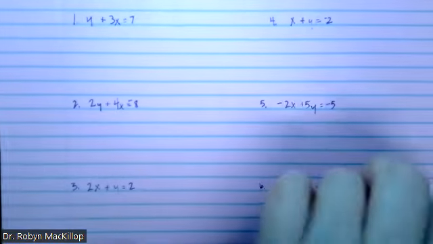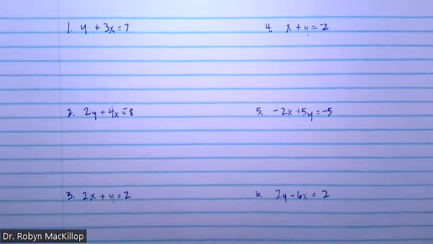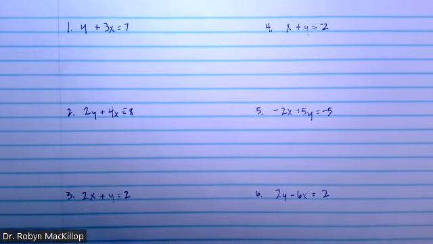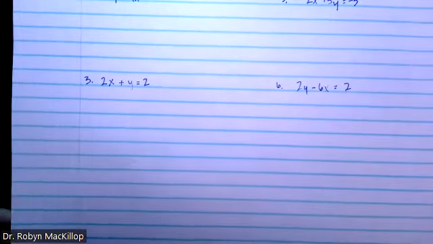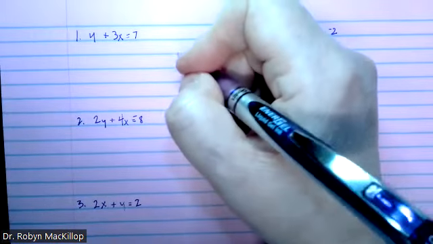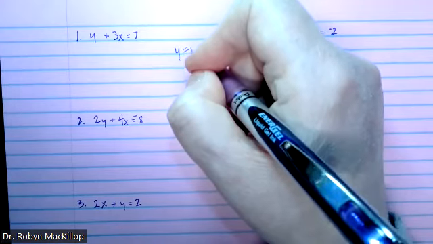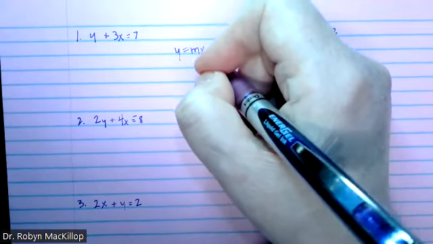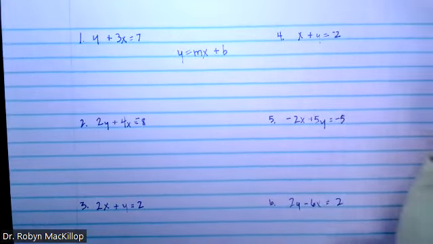Let me switch my camera. All right. So these are standard linear equations. What we want to do is make all of these look like slope-intercept form, which is y equals m, which is slope, times x plus b, which is your y-intercept.